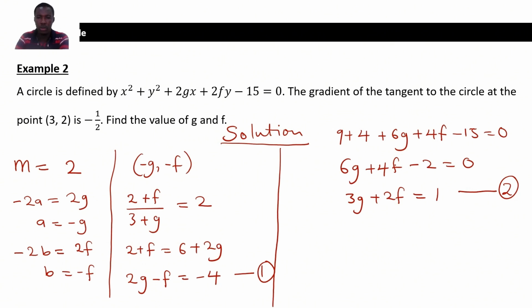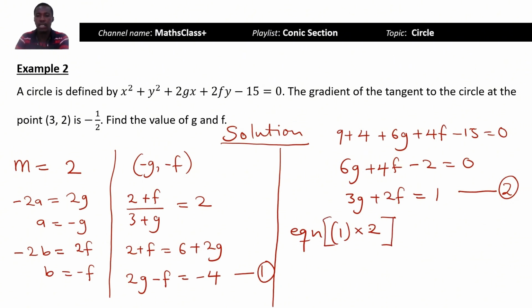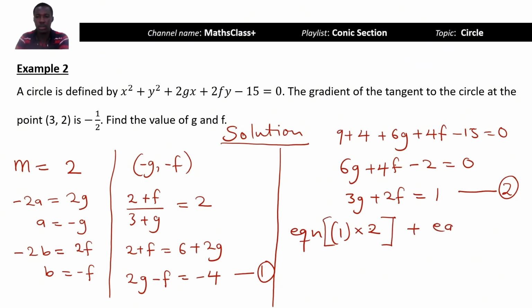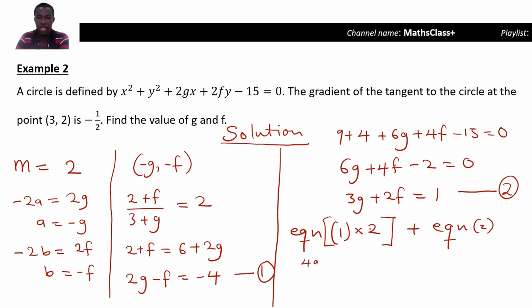Now I want to multiply equation 1 by 2, and then add the result to equation 2. When I multiply by 2, I get 4g minus 2f is equal to minus 8.